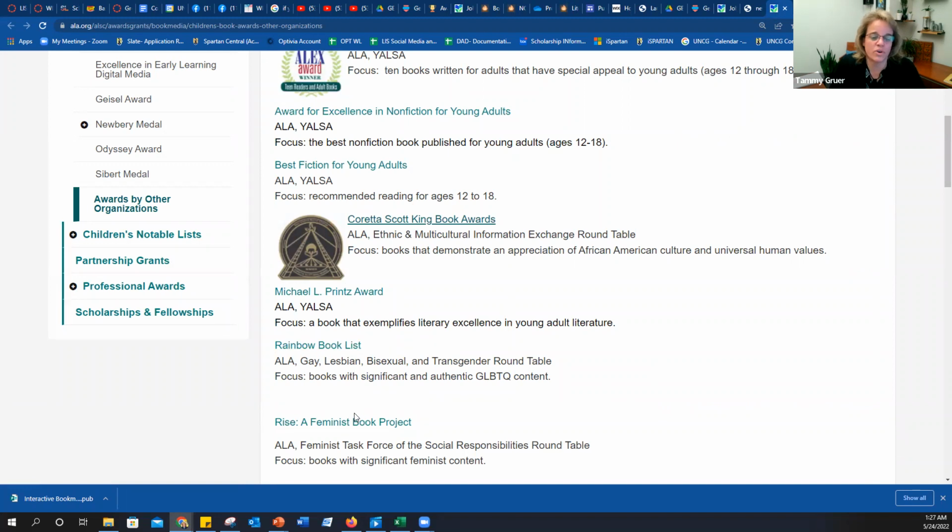There are also book awards that celebrate all kinds of things that I bet you're unaware of. So it's not just the Pura Belpré Award, the Newbery, and the Caldecott, but there are awards that honor books about LGBTQ content.